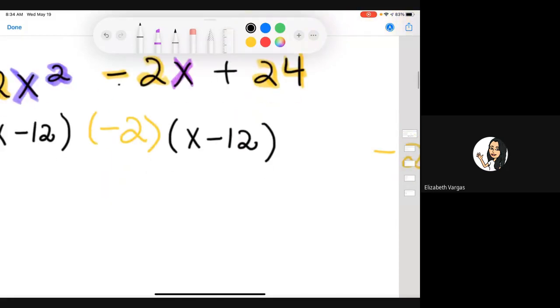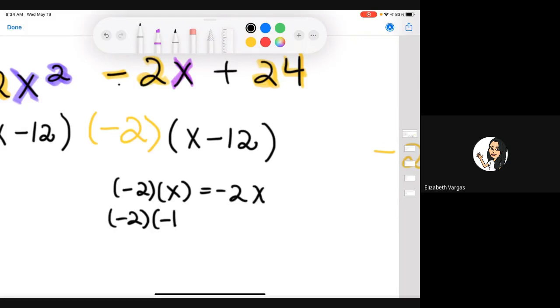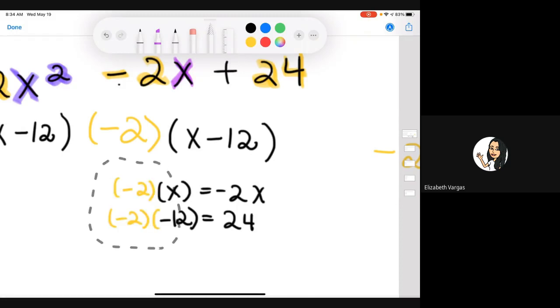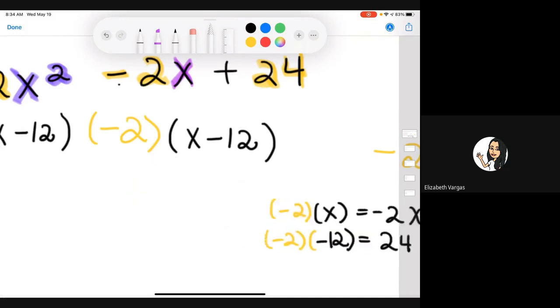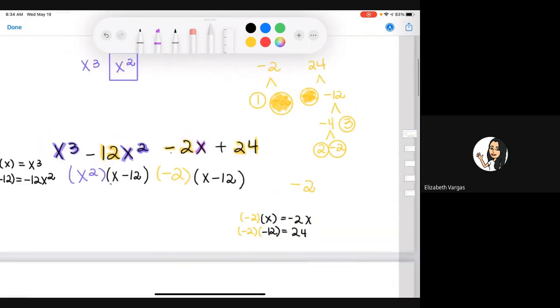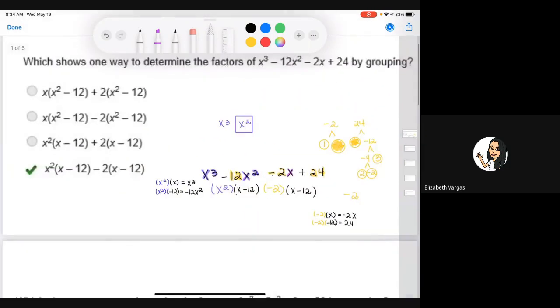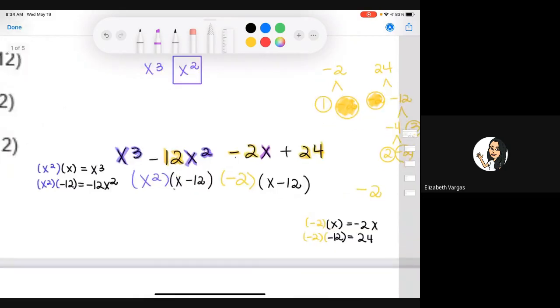I'm doing the same thing. -2 times x would give me -2x, which is what I need. -2 and -12 will give me a +24, which is what I need. So again, I'm just trying to figure out, what do I need to multiply to my original factor to give me my original expression. Okay, so there I've gone ahead and I've factored out this expression.